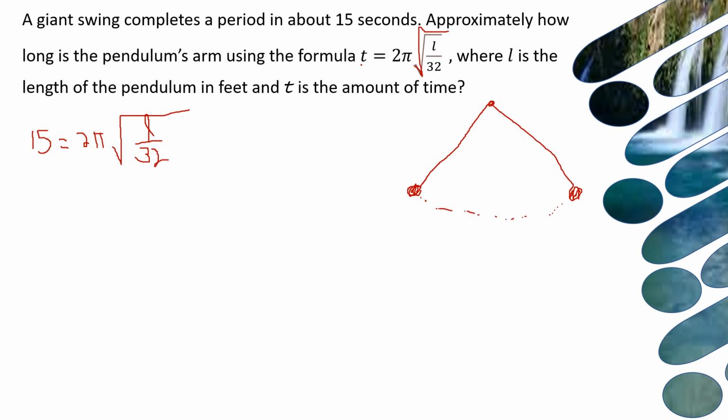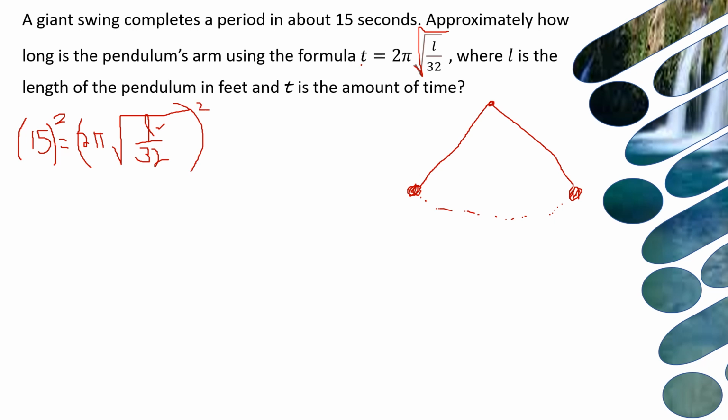Now let's slowly leave L alone, being the length of the pendulum. First we have to eliminate the square root by squaring both sides of the equation.